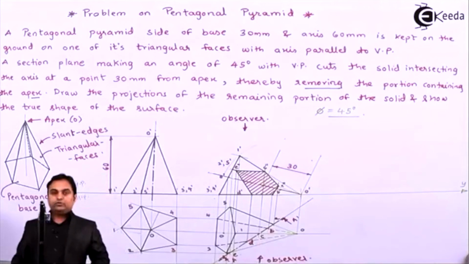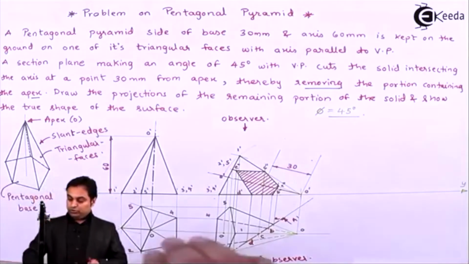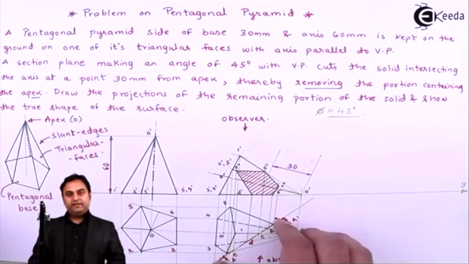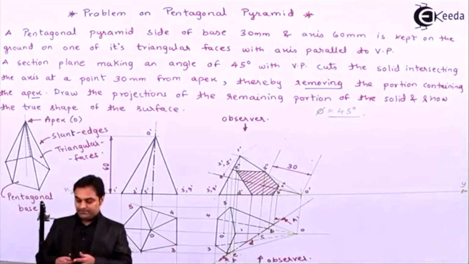Next, I'll draw the true shape of the section. For that, the true shape will come in the front view, and this cutting plane line will be made parallel with XY.